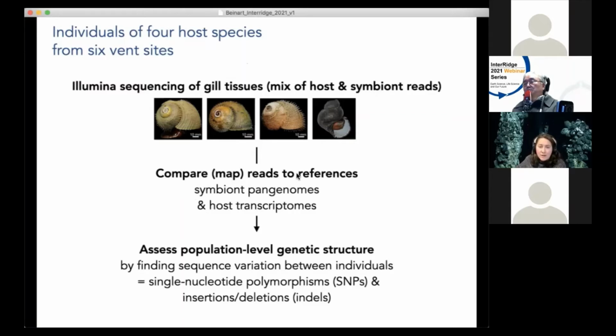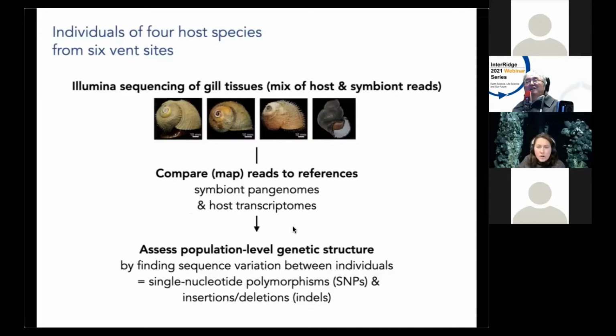So we have the symbiont pangenome as a reference for the symbiont populations, and then the host transcriptome references as well. And this allows us to assess population level genetic structure, basically by finding sequence variation between individuals. So this could be single nucleotide polymorphisms or SNPs, or insertion deletions, or also the presence and absence of different genes in these populations.